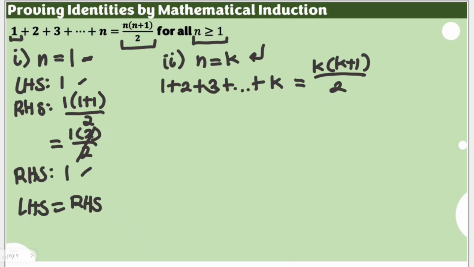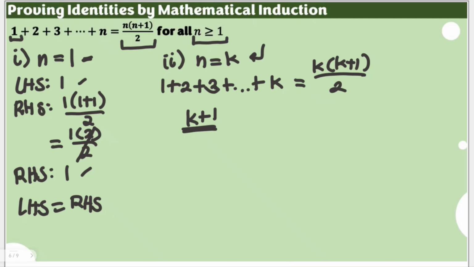So we are going to look for an expression for our left-hand side and right-hand side where we expect k plus 1 as an integer larger than k. Of course, if we have 99, the integer larger than 99 is 100. If we have 23, the integer larger than 23 is 24. So specifically, you have k plus 1.